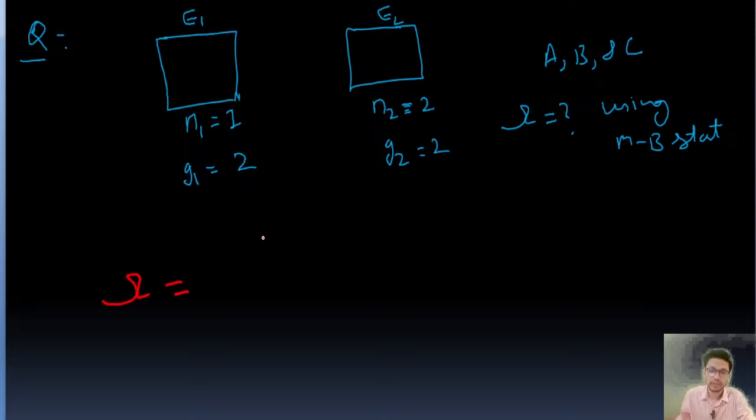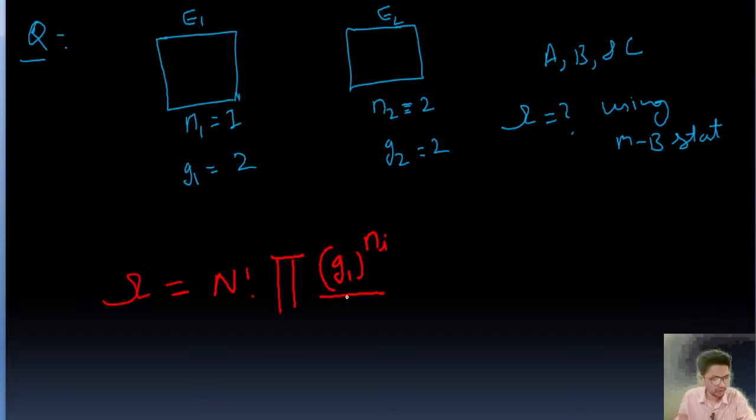For Maxwell-Boltzmann statistics, the value of omega is N factorial, that is the total number of particles, N factorial, into capital pi, this is a product, of gi to the power ni upon ni factorial.